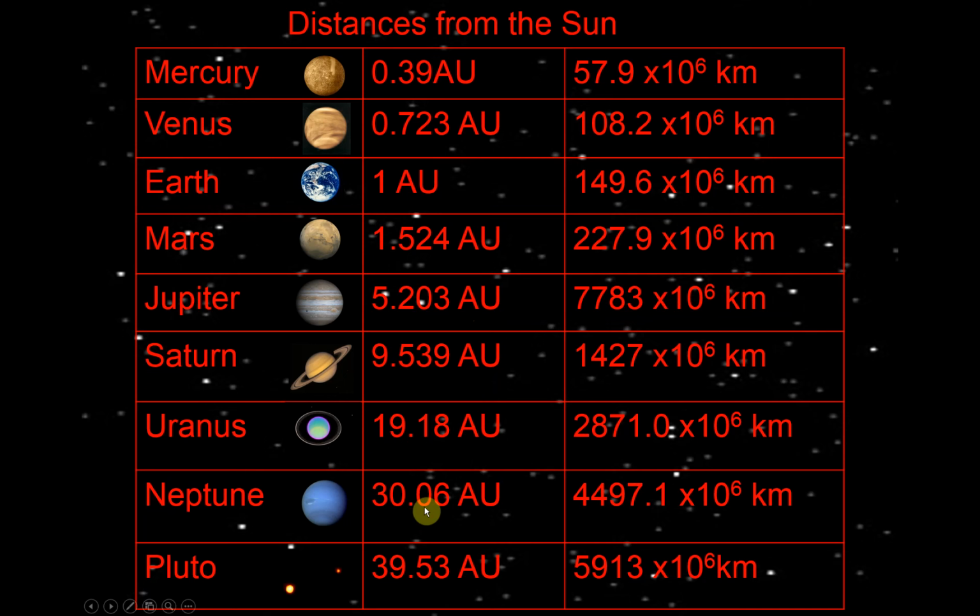We'll talk about the discovery of these planets and the difficulty in finding them when they're so far from the Sun. Further out, Neptune, 30 astronomical units, and then Pluto, right out on the edge at nearly 40 AU, or nearly 6,000 times 10 to the 6 kilometers.